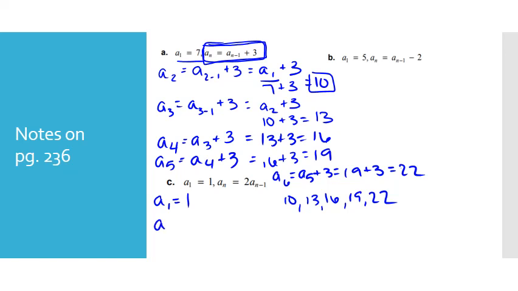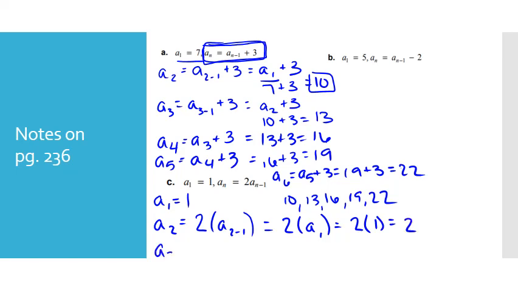So in this case, a sub 2 will be 2 times a sub 2 minus 1, which is 2 times a sub 1, which will be 2 times, since a sub 1 is 1, I'll substitute that in, and my a sub 2 would be 2. So then when I go to a sub 3, that would be 2 times a sub 2, which is 2 times 2, so there I get 4.